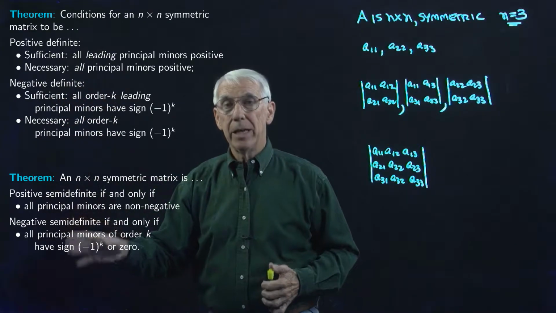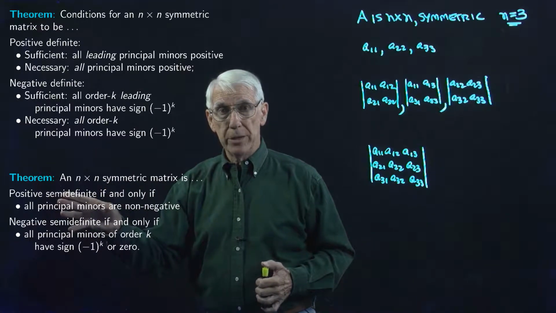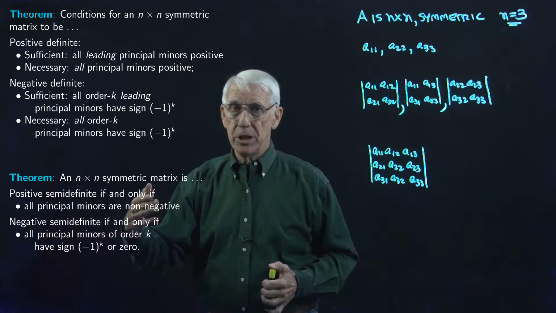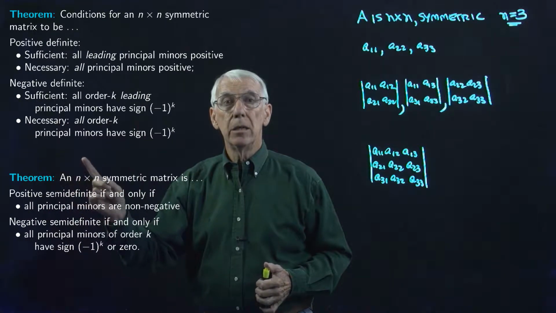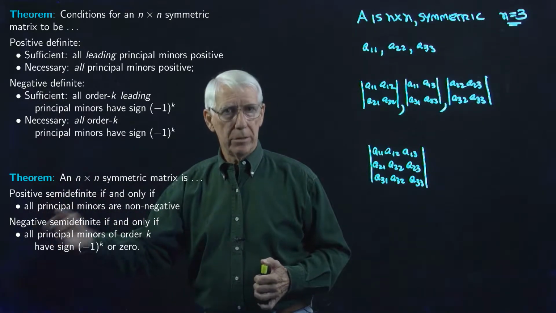Here we don't have that. Here we have a single condition on all the principal minors, that they have the right sign, that's both necessary and sufficient for our quadratic form to be positive semi-definite, or analogously, negative semi-definite.